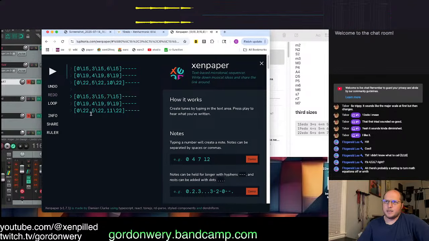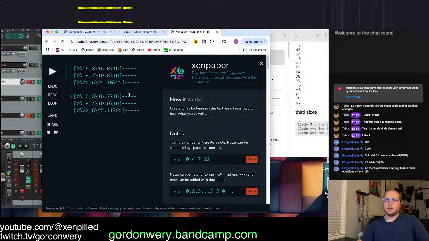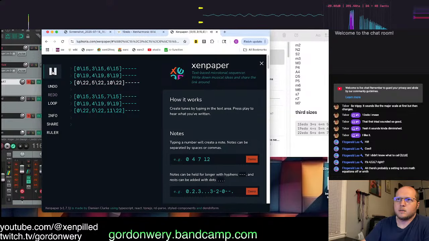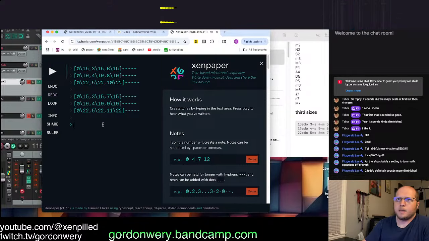Yeah, this is making me like 22 more too, because the subminor third is unambiguously a third, which is pretty cool, because even just the subminor stack sounds diminished. Which makes sense, it doesn't make a fourth.